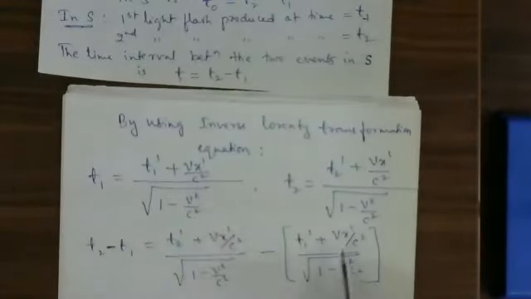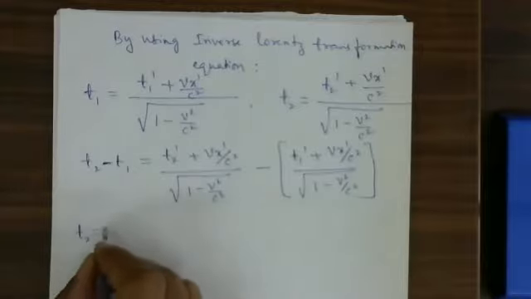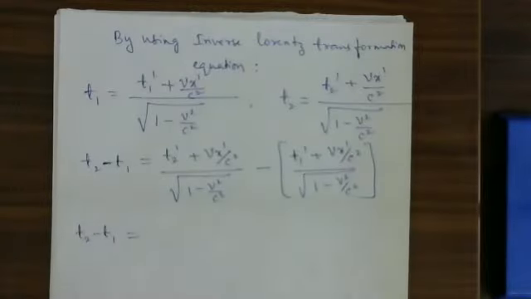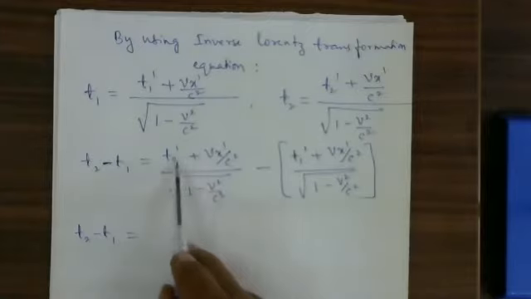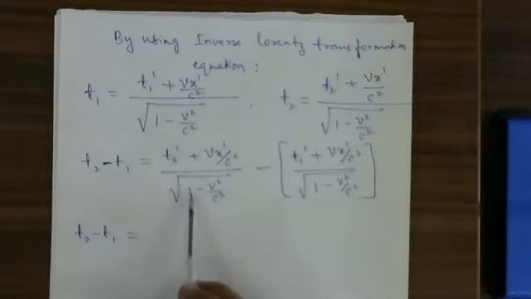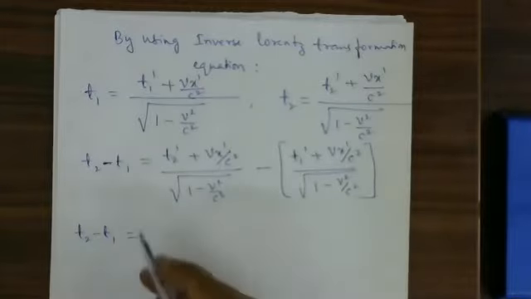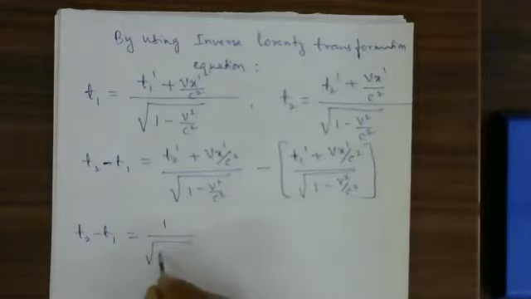Now, T2 minus T1 is equal to, here we can take the common factor, which is this one. Then I can make the difference.